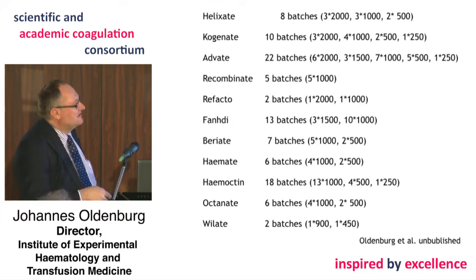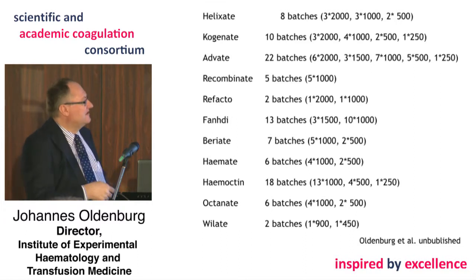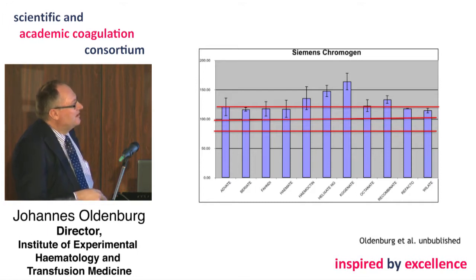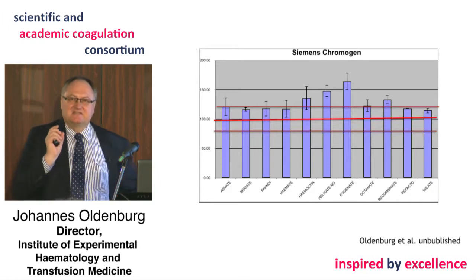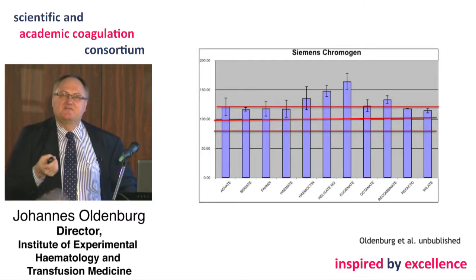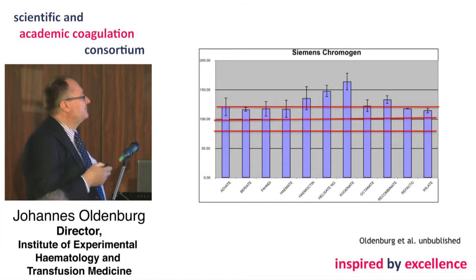These 2 that I showed before are significantly higher. And this is the potency when it's measured with a one-stage assay. It's an in-house method. And here 3 recombinant products are at the lower end of the recommended range. So the potency determination has an influence on the content of factor VIII.